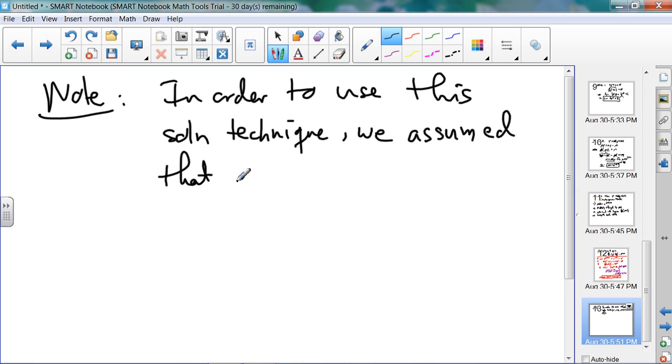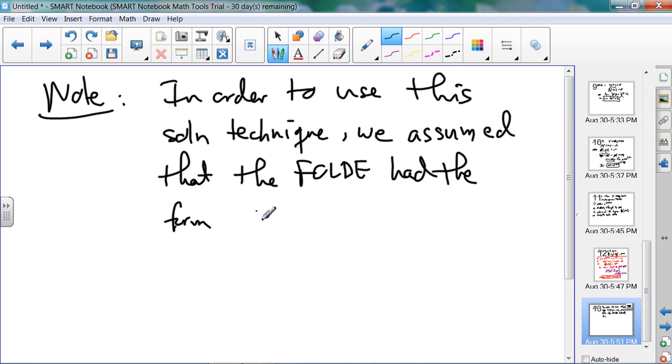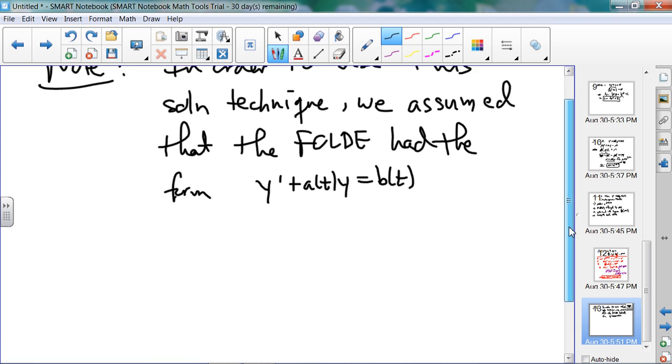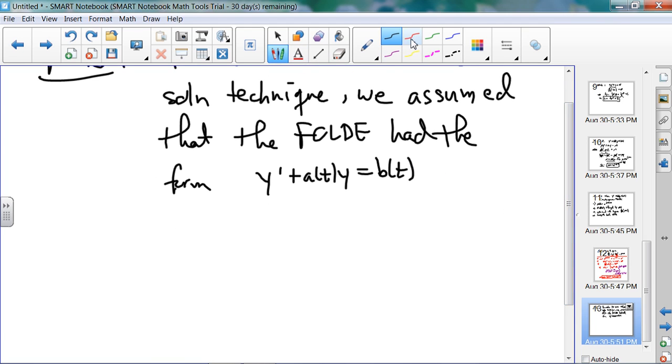Our assumption was that the first order linear differential equation had the form y prime plus a of t y equals b of t, our general form. But what I really want to point out is that y prime had only the number 1 multiplying it.